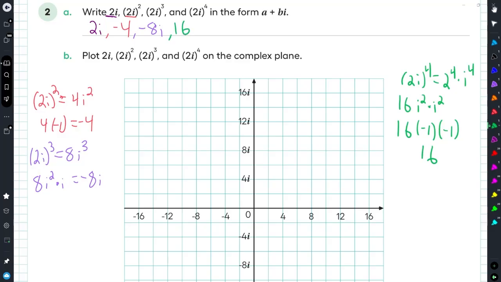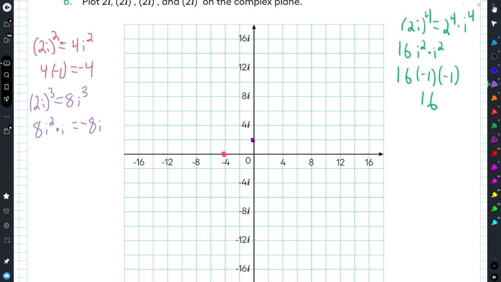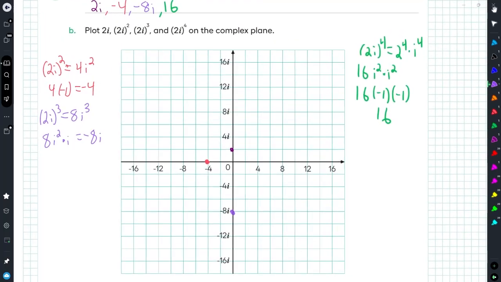So you see, when we're taking 2i and raising it to different powers, sometimes we get an imaginary number, sometimes we get a real number. If we plot those on these number lines, 2i is right here, then we have negative 4, then negative 8i, then positive 16.